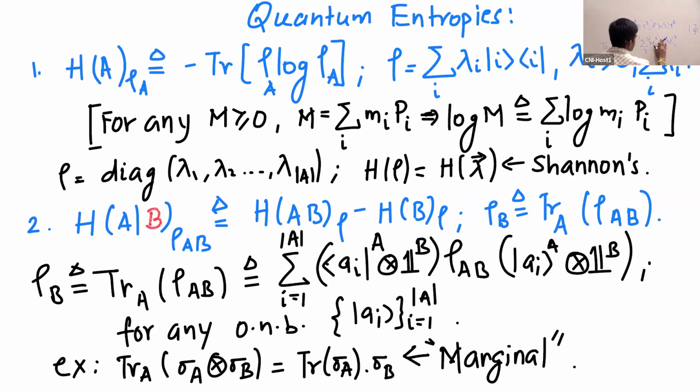This tensor product will no longer be there. It will just be a multiplication. So this operation is also linear.